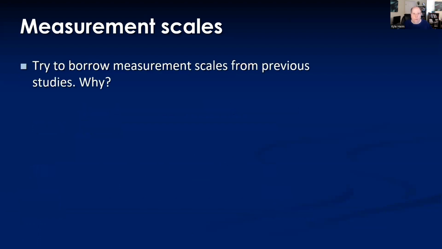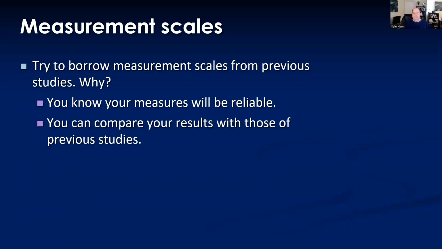Now, whenever possible, you want to borrow measurement scales from previous studies rather than creating your own from scratch. Why is that? Well, for one thing, it makes your life easier, but there's a couple of other reasons why. If you use existing scales that have been used before by previous researchers, you know that those scales will be reliable because they've already been used, they've already been tested and shown to be reliable.